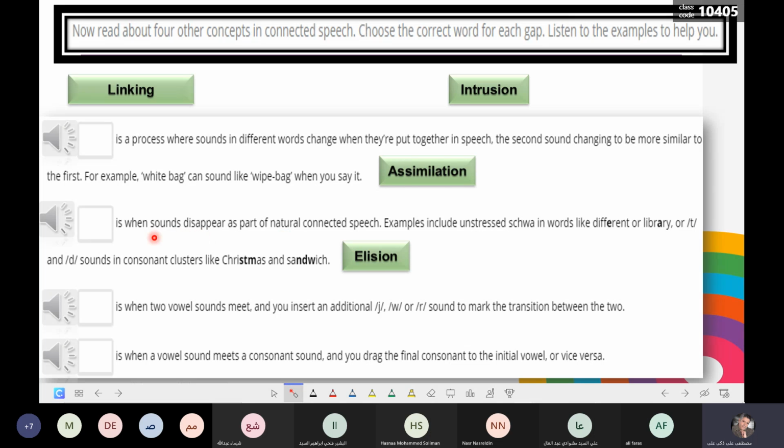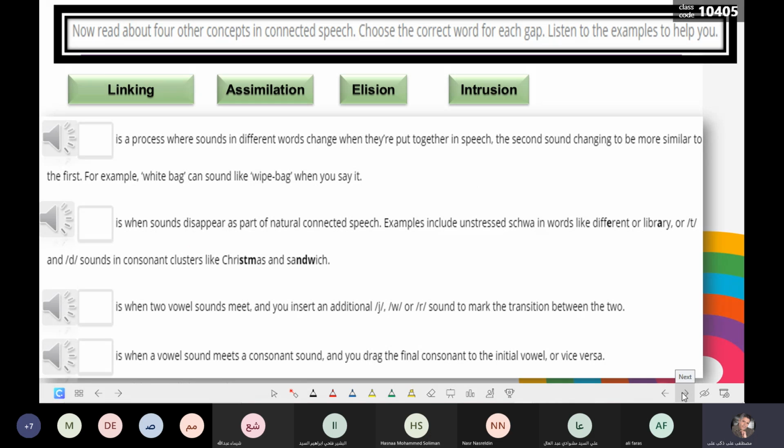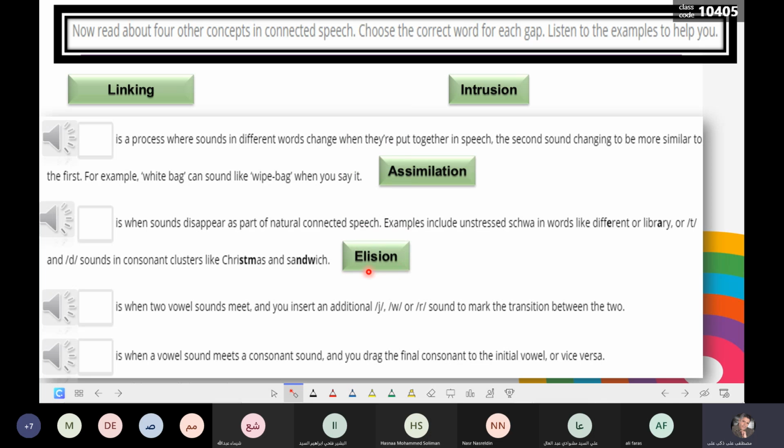But what happens when we connect words together? Because in any language in the world, words are not said separately, even in our language, the Arabic language, or any other language.